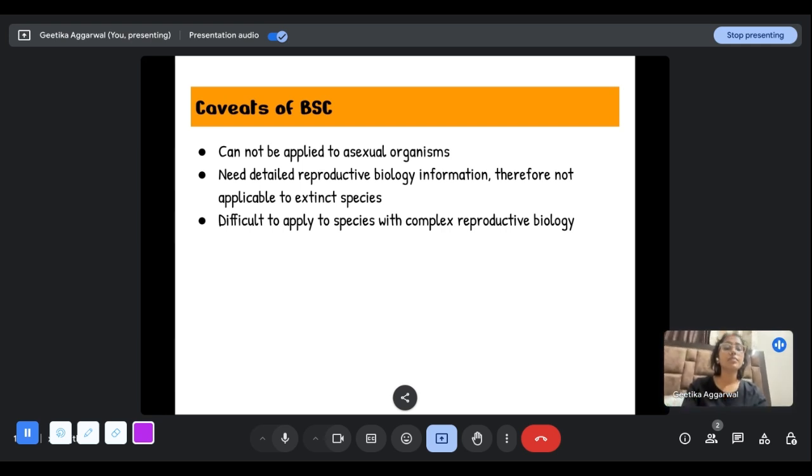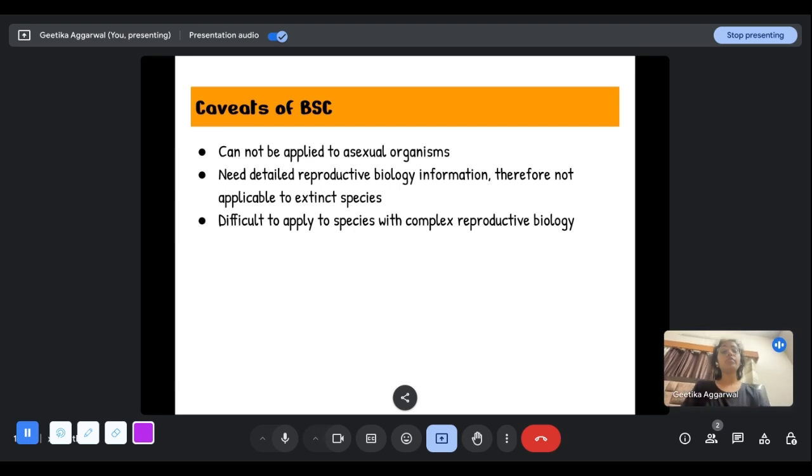And if that species is in a remote location and you're unable to get to that reproductive biology information, you might not be able to apply the biological species concept to define that species. And it is difficult to apply to species which have a complex reproductive biology. So if a species has a complicated reproductive biology, again the BSC becomes difficult to apply to such species.